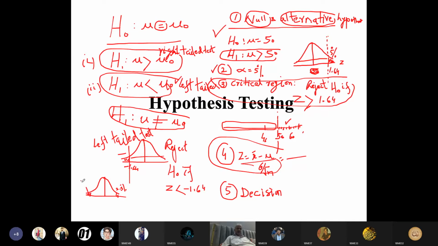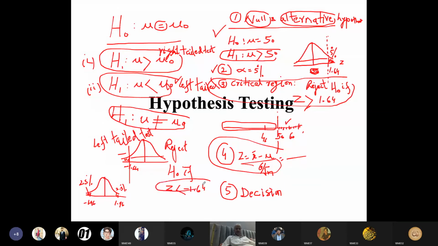And we will be writing its value from the table. Area is given, we use the reverse use of the table. Area is given, and we will be looking for the value. So it's 1.96, and here is minus 1.96.